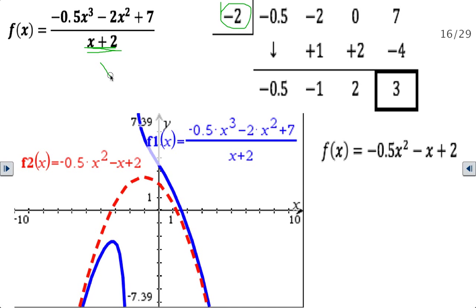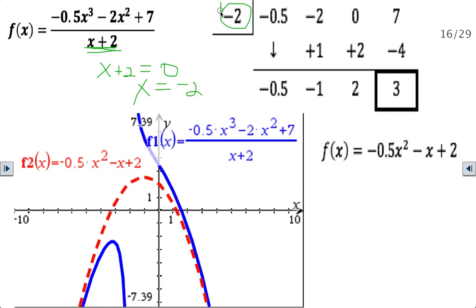The reason why is because the number you put here is whatever the solution is. So in order to find the solution, you have to set this factor equal to 0 and solve for x. So we have x plus 2 equals 0. When you solve for x, you get x equals -2. Okay, so that's why in my little corner box I have a -2 and not a +2.